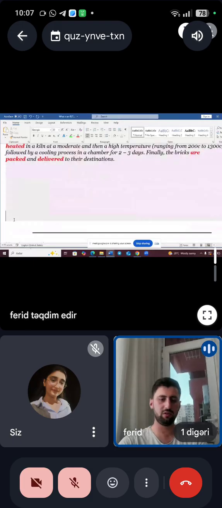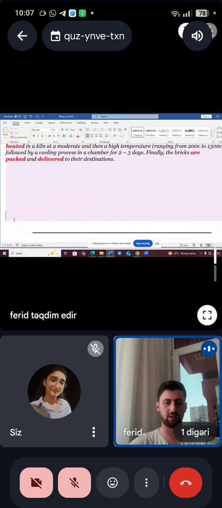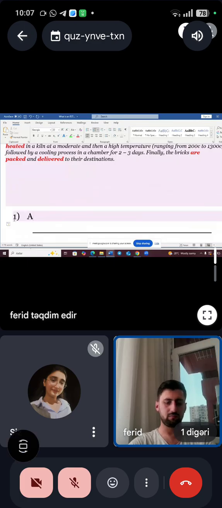For example, I'll show you general information about relative pronoun reduction. I'll write three sentences and show the difference between them. For example, Ali is my friend. This is a simple sentence.